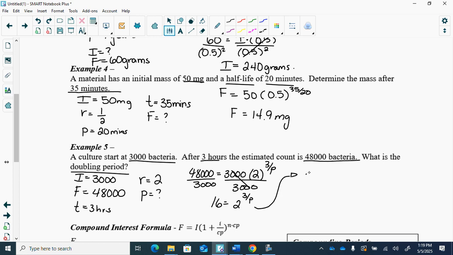So 16 is 2 to the power of 4, it equals 2 to the 3 over P. So now I have 4 equals 3 over P. The P comes up and the 4 comes down, so I get P equals 3/4, or 0.75 hours. If you convert it to a log, you should get the same answer. Okay?